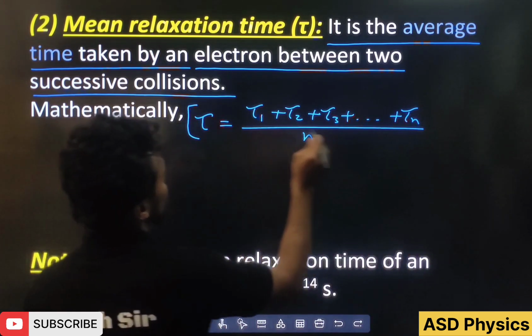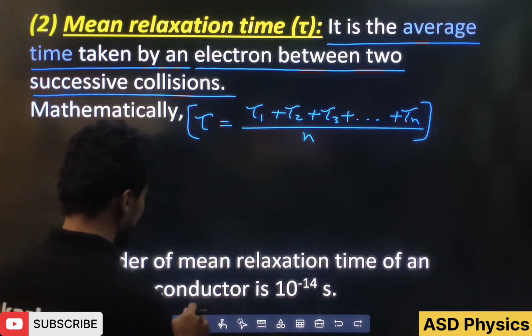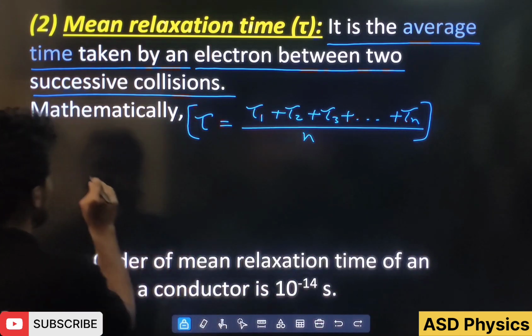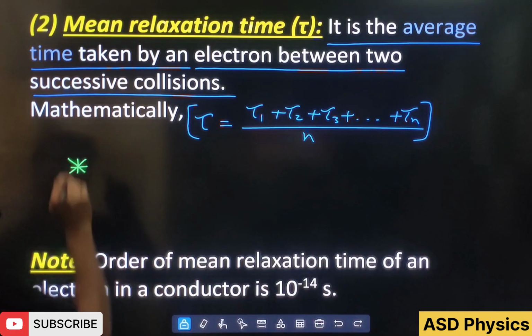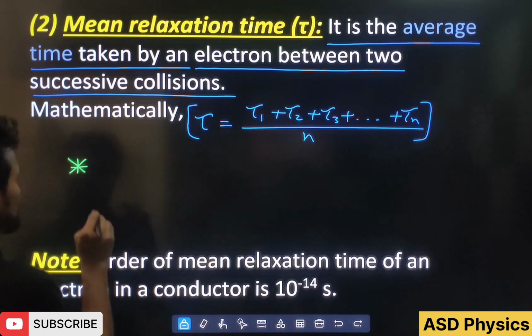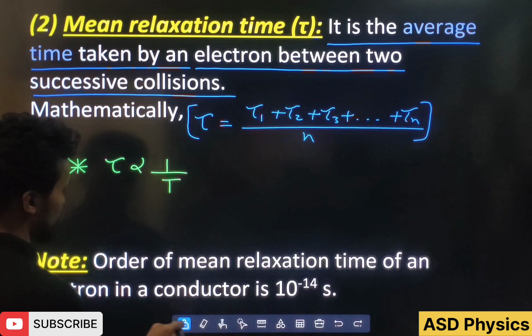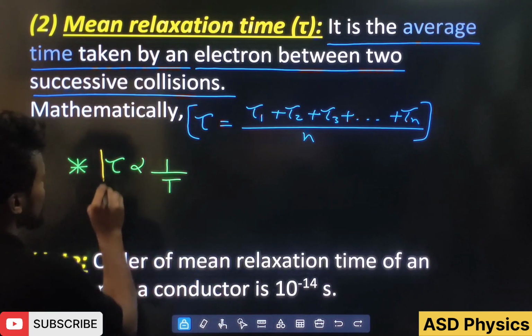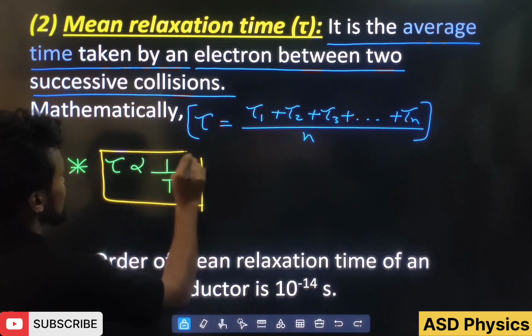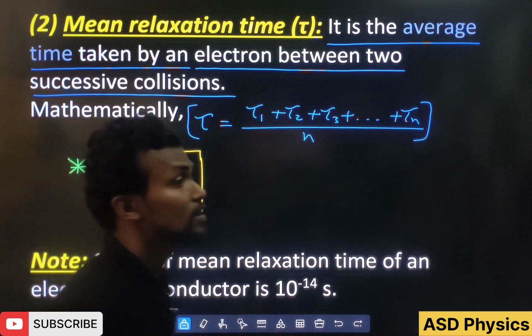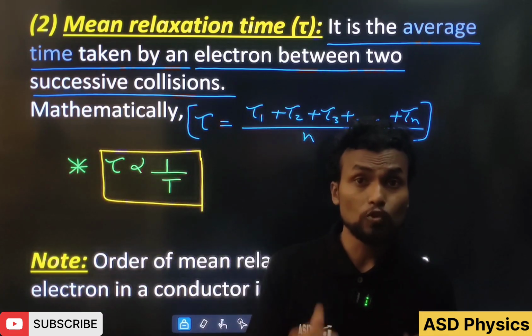This is called the average relaxation time. And remember one more thing, students, the relation between relaxation time and the temperature. This relaxation time is inversely proportional to temperature, because the moment you increase the temperature of any conductor, the electrons start to move fast.